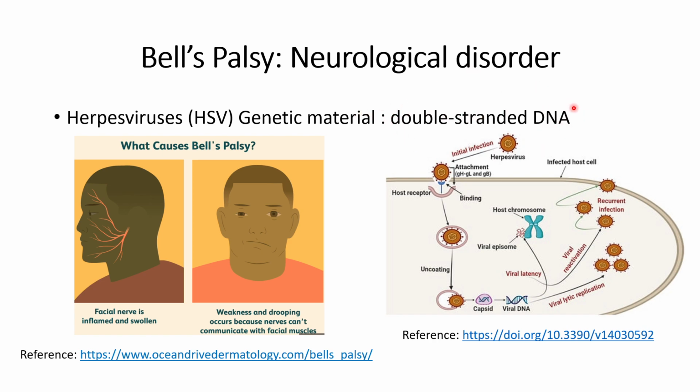It is in the form of double-stranded DNA, so it does not have to carry reverse transcriptase, as most viruses that contain genetic material as RNA have their own reverse transcriptase that helps the RNA convert back to DNA, so that the DNA sequence can be used by the host cellular machinery to produce the virus, or can be integrated into the host cellular machinery so that it can take over the production of virus.